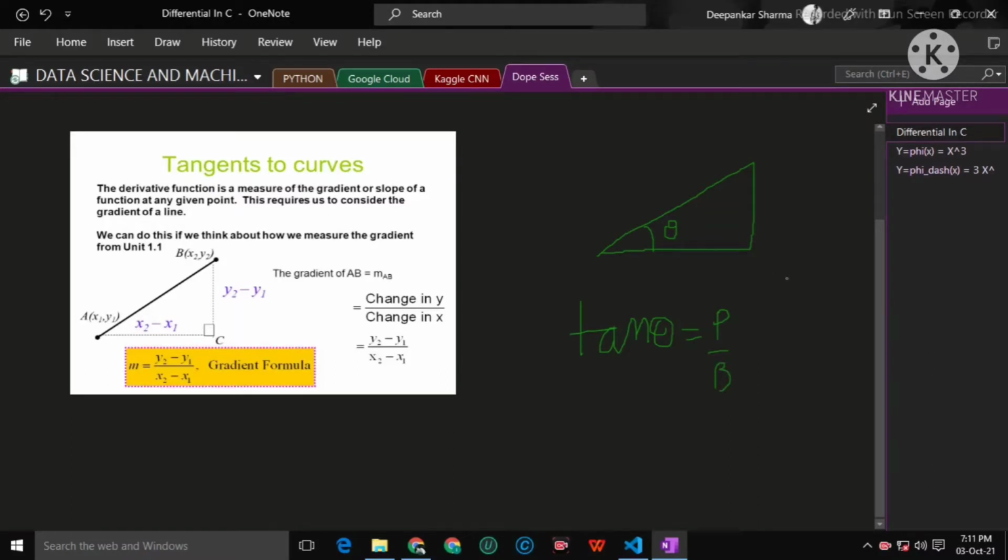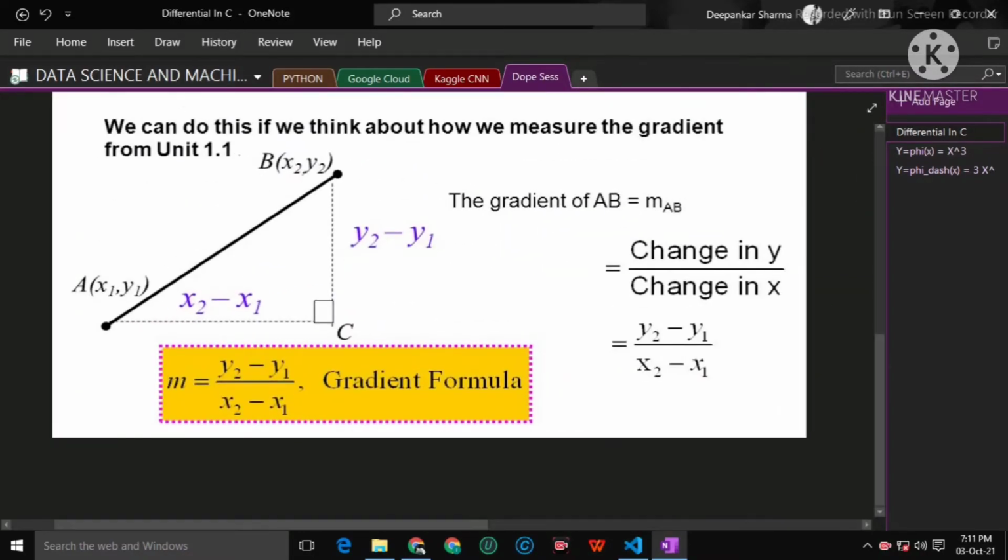You should know that. This line is the perpendicular, and this is the base. Comparing this with the triangle on the left, we have x2 y2 as the b coordinate and x1 y1 as the a coordinate. So the perpendicular would be y2 minus y1, and the base would be x2 minus x1.